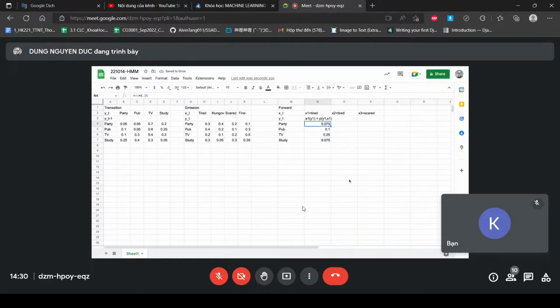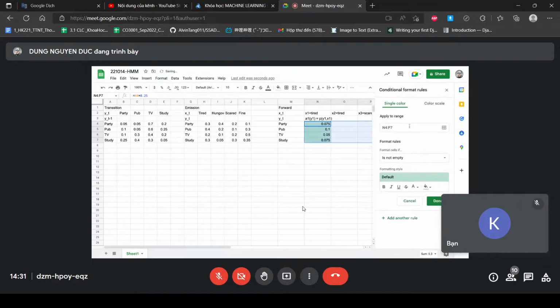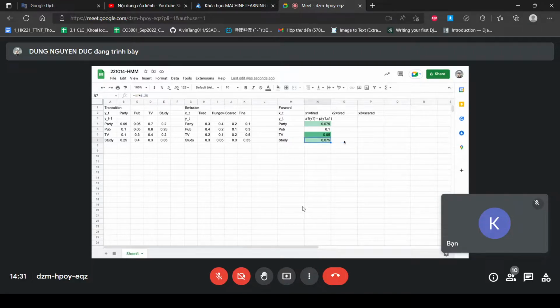Now, if I do this, you can see that this one is the maximum, right?